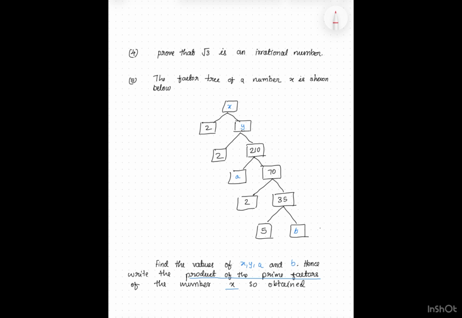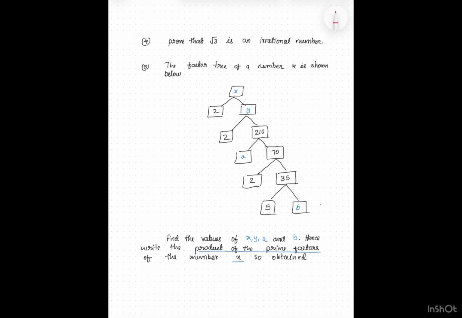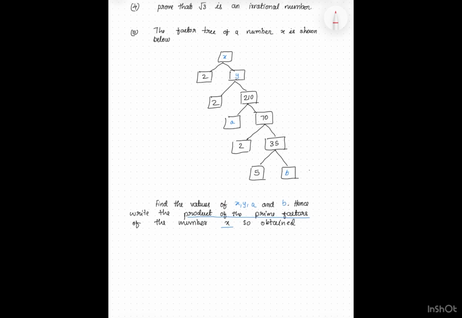Hence write the product of the prime factors of the number x so obtained. Look at this portion. We can see that 35 is got by 5 into b. So b must be 7, because 5 into 7 is 35. So we get b is equal to 7.